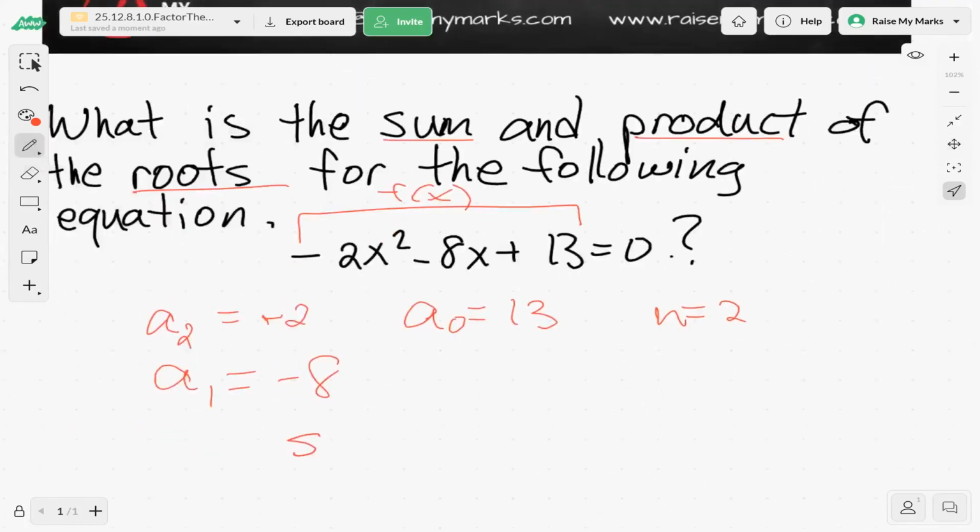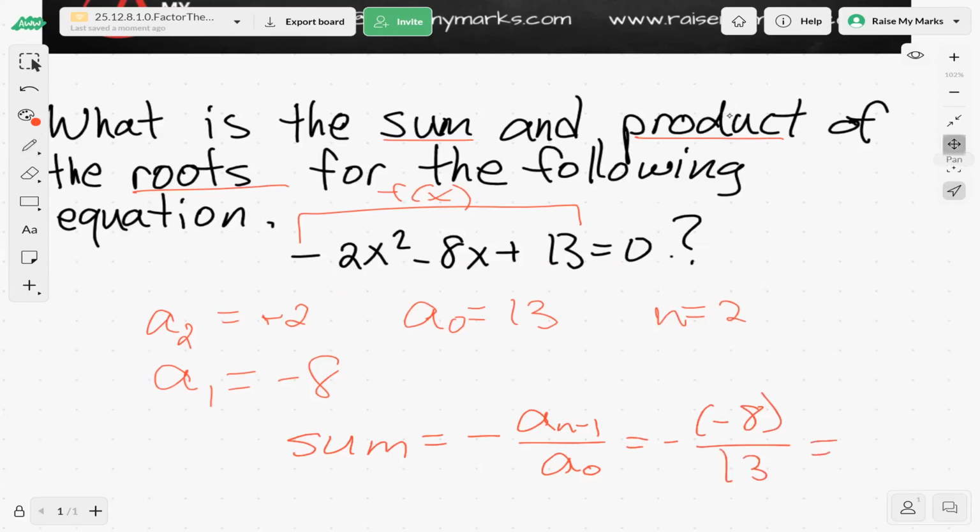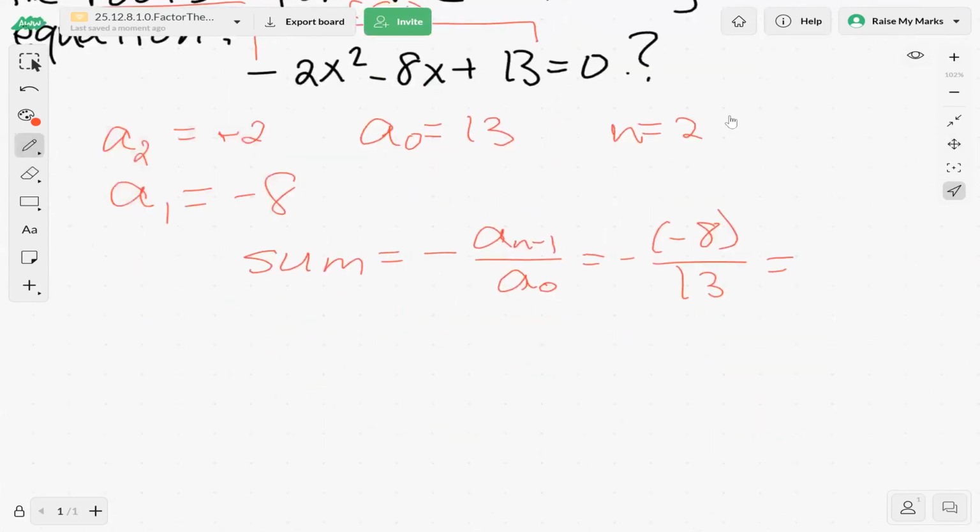So our sum equals negative a sub n minus 1 over a sub 0. So negative negative 8 over 13, which equals 8 over 13.